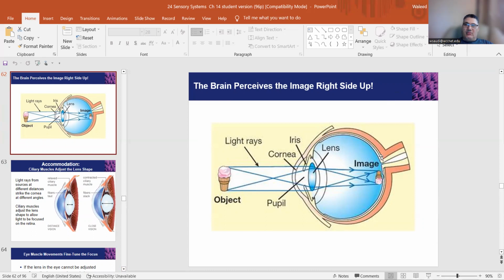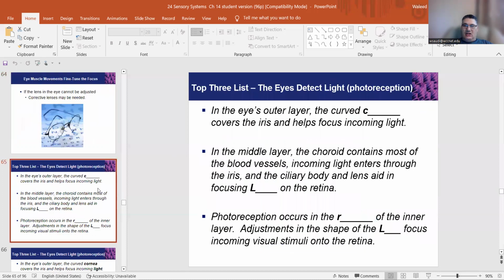The choroid contains blood vessels to feed the other layers, plus it's dark. So light rays cannot come from here or here or here. It has to come only from here, through the cornea. Otherwise, it's prevented by the presence of the choroid.